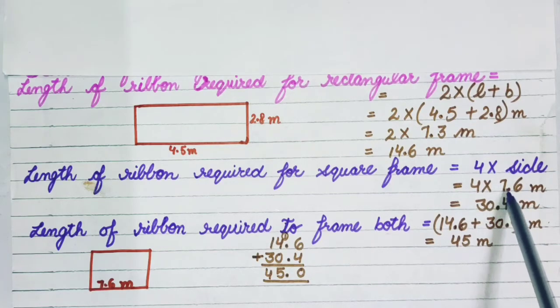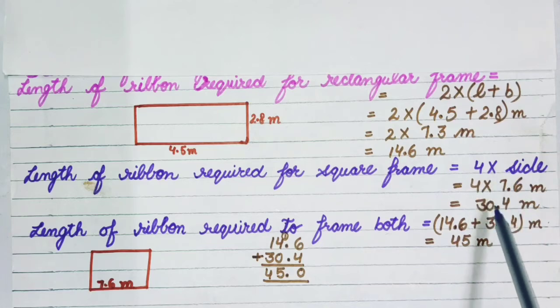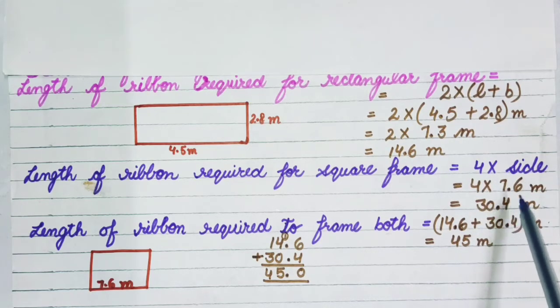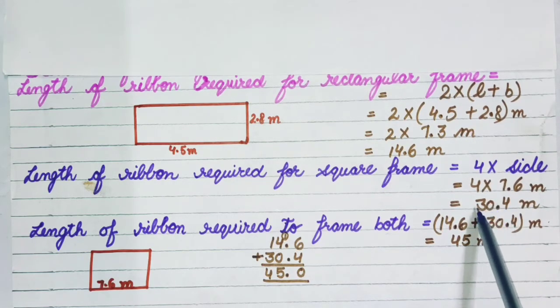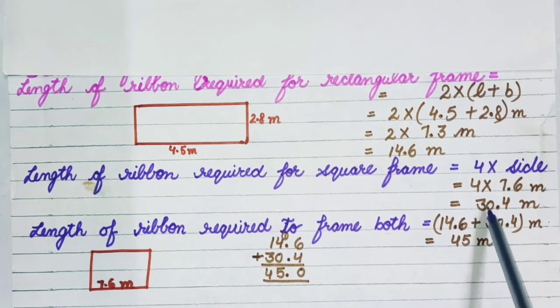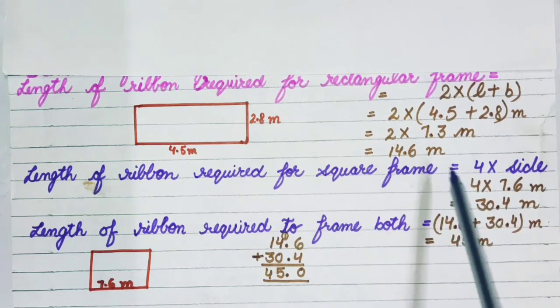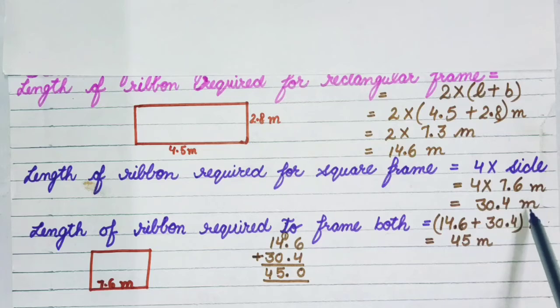When we multiply 76 with 4, we will get the answer 304. Now check, after how many digits is the dot there? After one digit the dot is there. So in the answer as well, after one digit we will put a dot. So the length of ribbon required for the square frame is 30.4 meter.